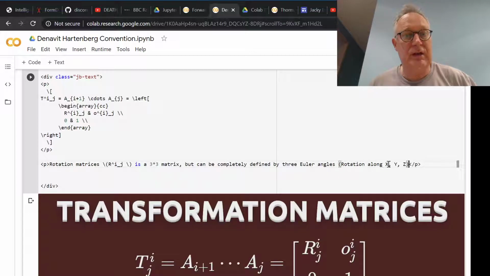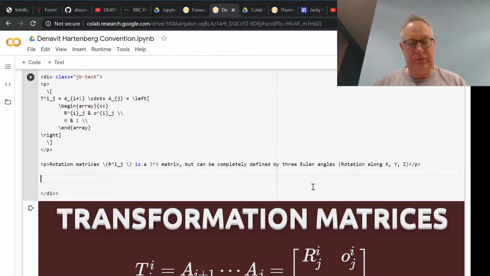So if I rotate Z first, then Y, then X, then I get a different result from rotation X, Y, Z. So we have to make sure that we rotate them in the right order. However, it means that 9 variables here can be defined by 3 values. So that means I really only have 6 unknowns.